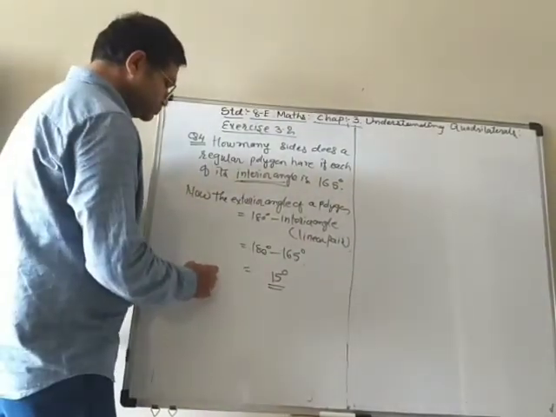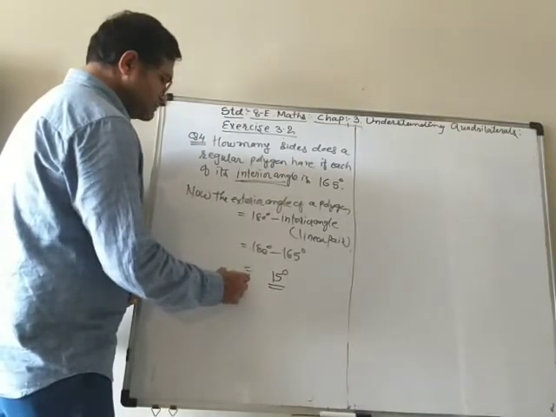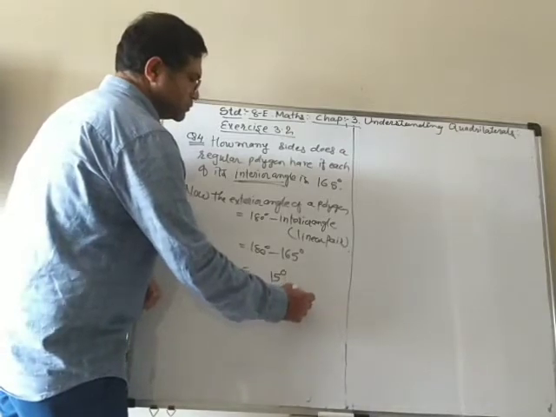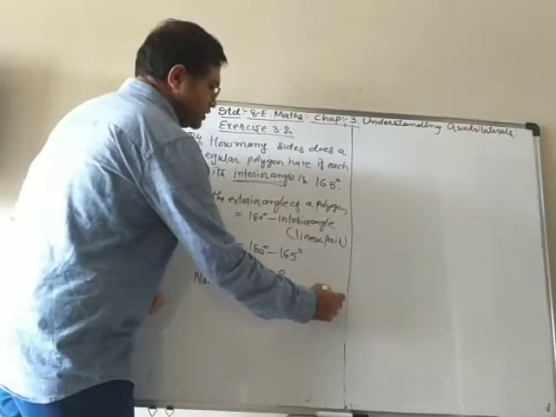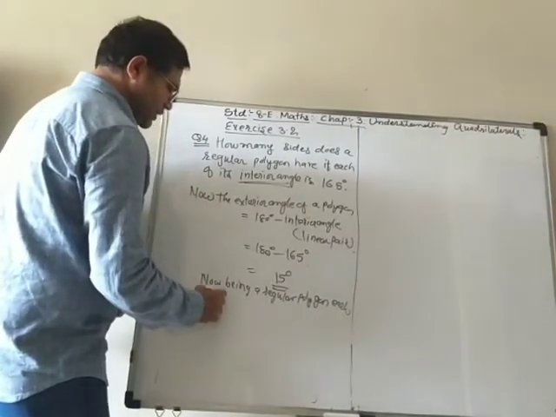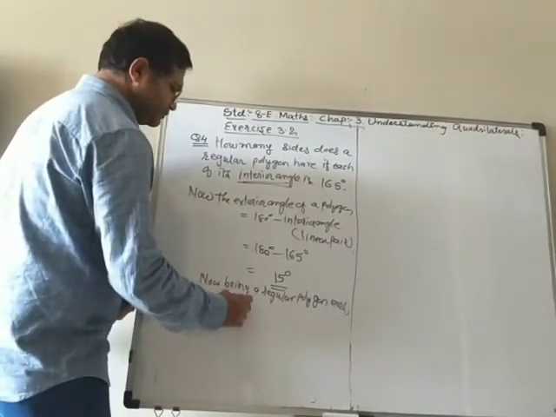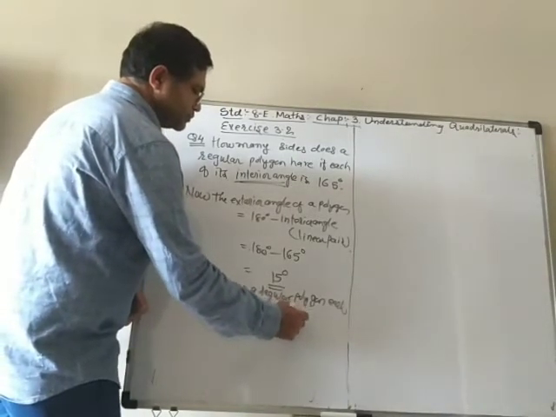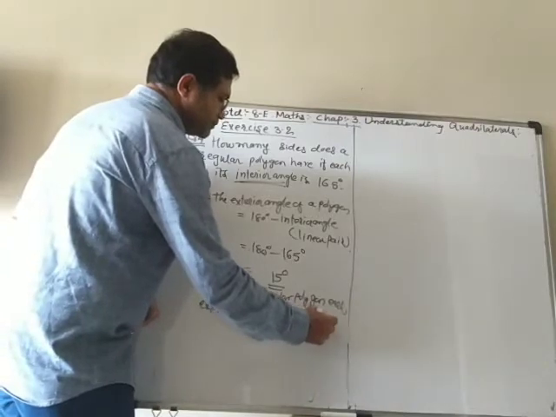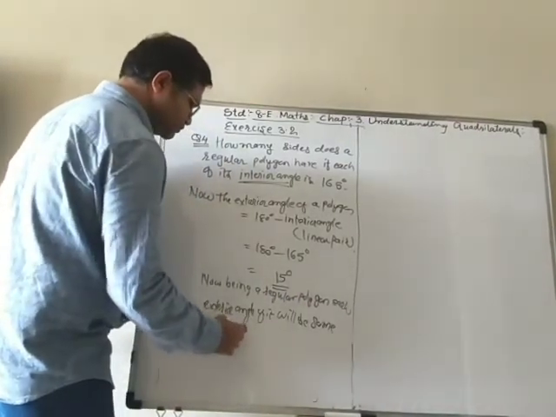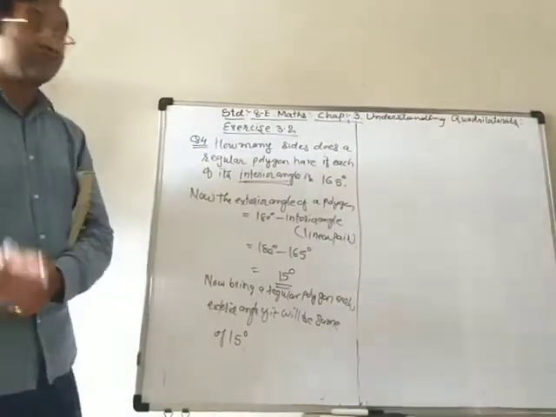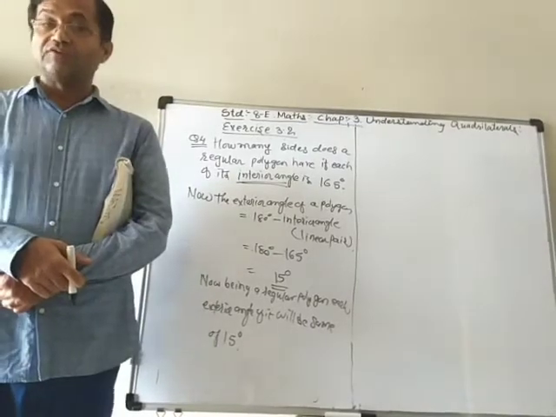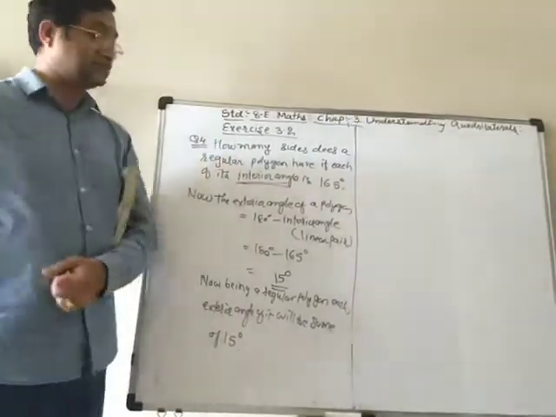Now, being a regular polygon, each exterior angle of it will be the same, 15 degree. So now we have to do that thing that we did in the previous sum. We have to find the number of sides.